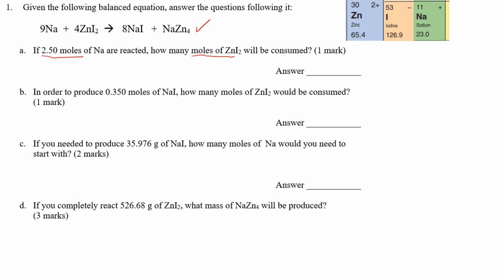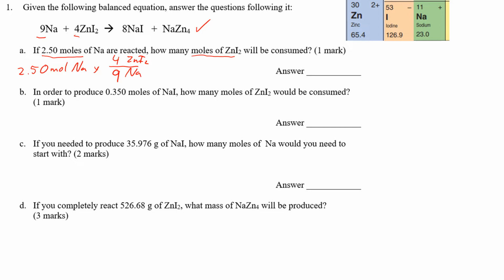So I'm going to write 2.50 moles of sodium, and I want zinc iodide. Sodium is now a unit, so I'm going to put sodium down there and zinc iodide up here, and I look up my balanced equation and I see 9 sodium are equal to 4 zinc iodides.